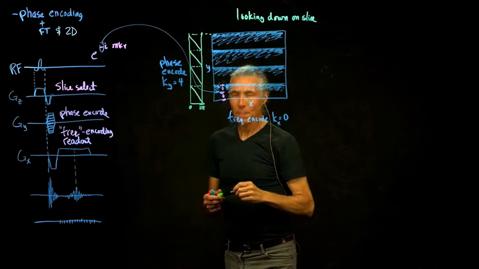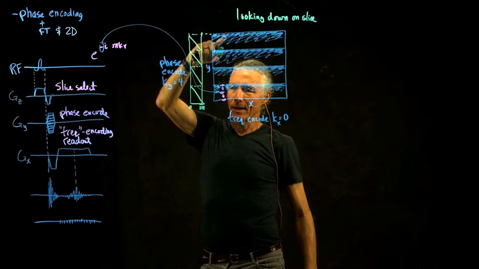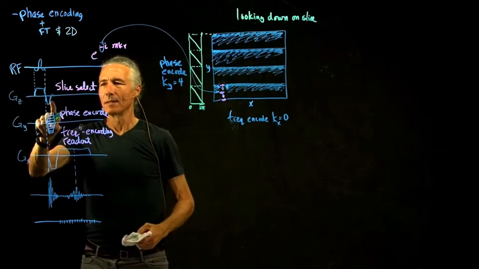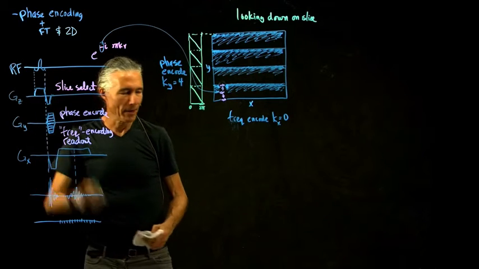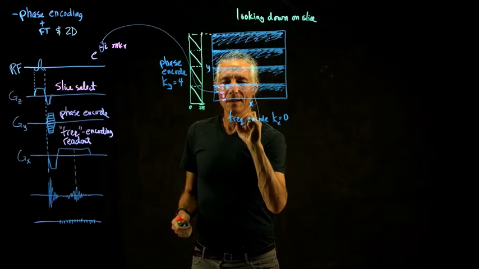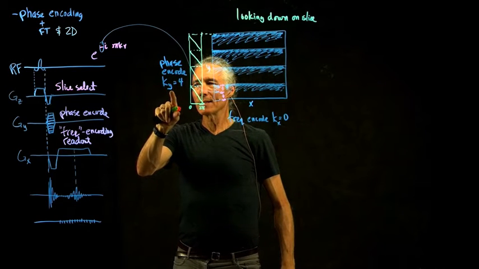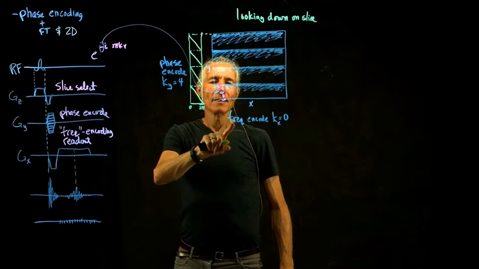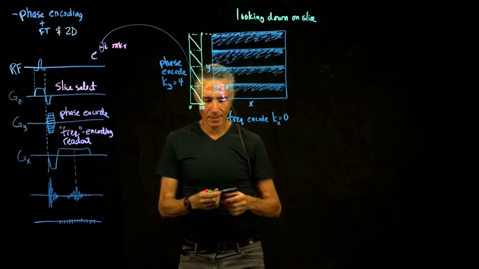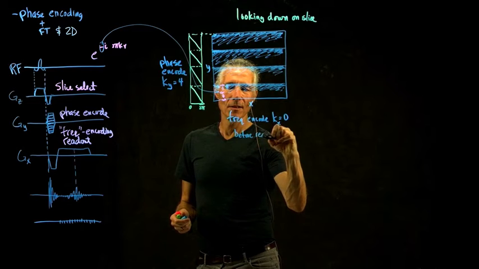So we've got four cycles of phase going across the brain in the y direction, because we turned one of these gradients on in the y direction. So that's the state of phase encode spatial frequency in the y direction equals 4, before we've turned on the readout.